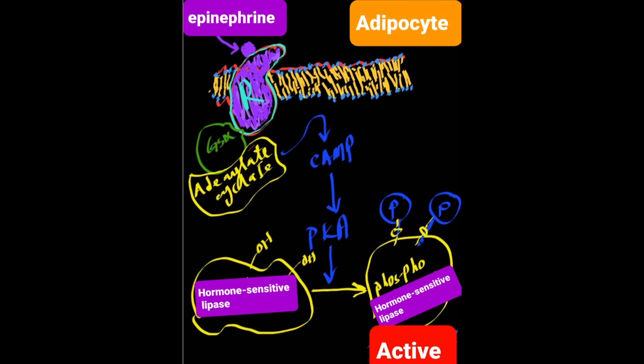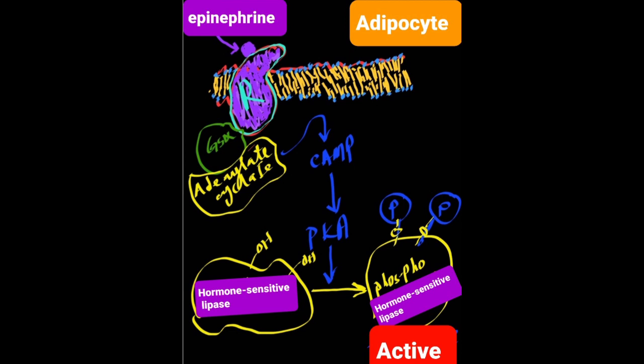It is a very important lipase in that it can trigger the lipolysis of stored triacylglycerol, for example, during a fasting state. Hormone sensitivity refers to the fact that this hormone-sensitive lipase is activated by epinephrine binding to the beta-adrenergic receptor on the cell surface of adipocytes.